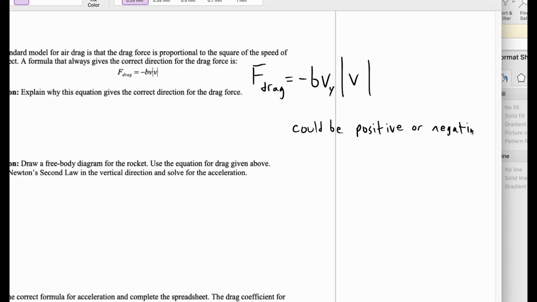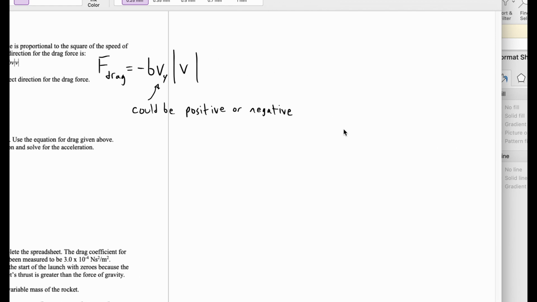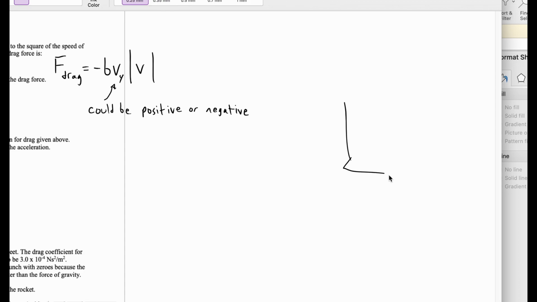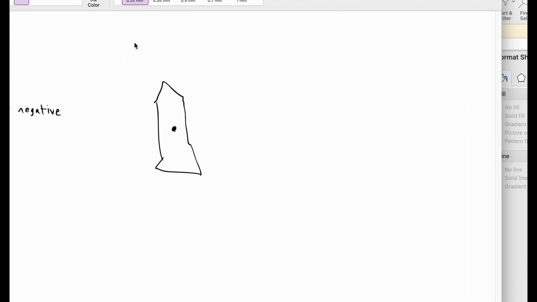depending on the situation. Because when your rocket is going up, if the velocity is up, then the drag force is against you. So this is when Vy is positive.